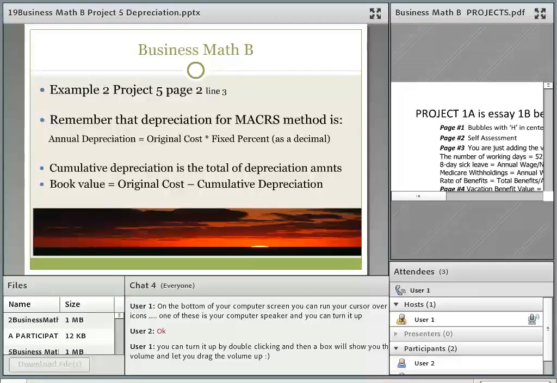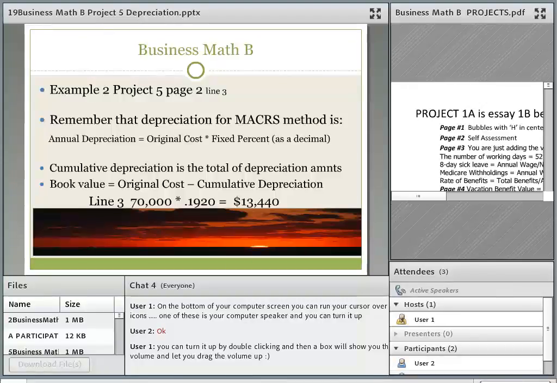So same exact problem. In this one, we're going to look at line 3. As you can see, they started with 70,000 and had a fixed percent of 19.20%. Remember, we moved the decimal twice to the left. When you multiply those, the actual depreciation would be 13,440.